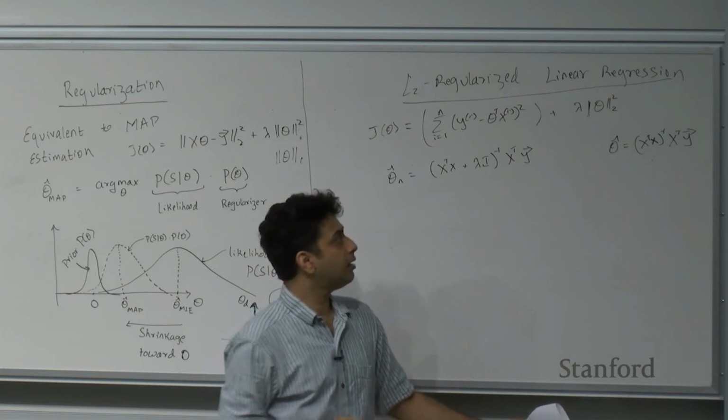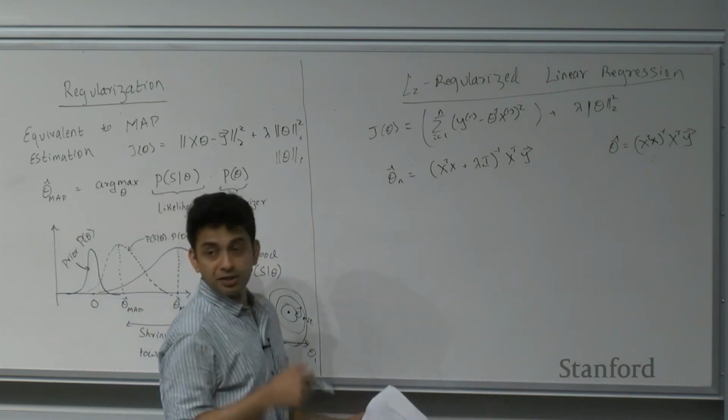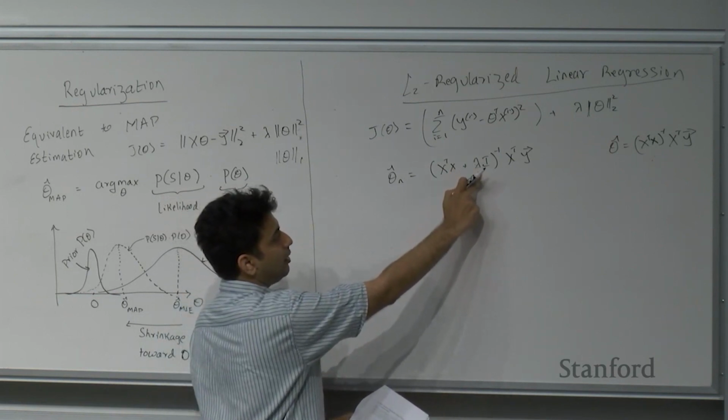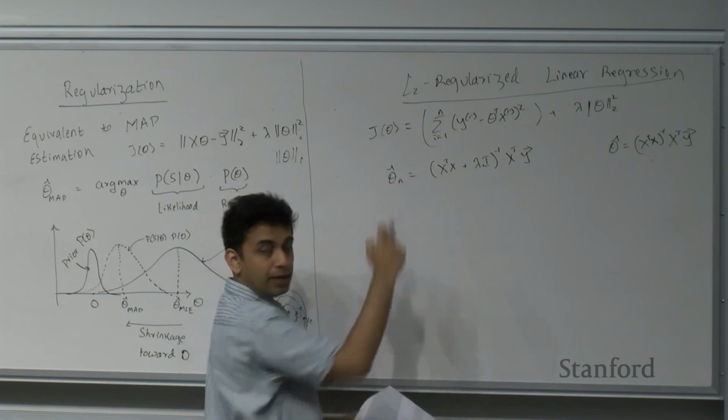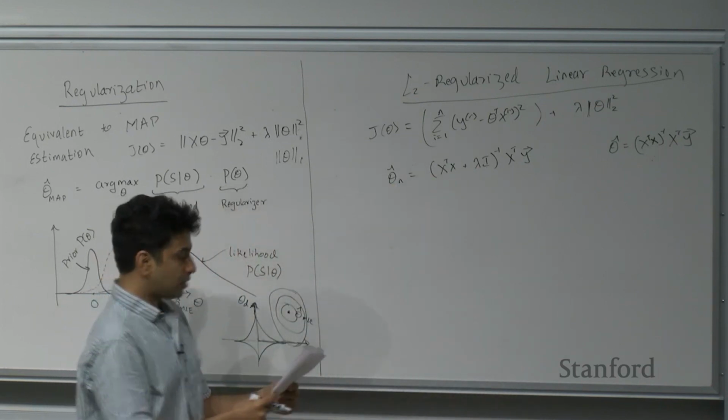In the case of L2 regularized linear regression, we are adding a diagonal matrix with lambda as the diagonal values to x transpose x. And what does this give us?